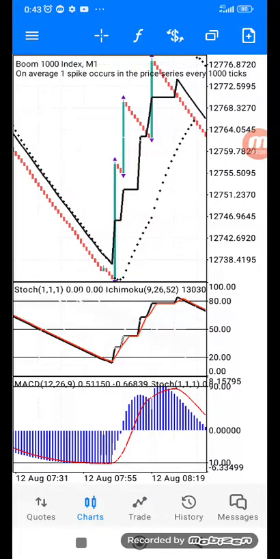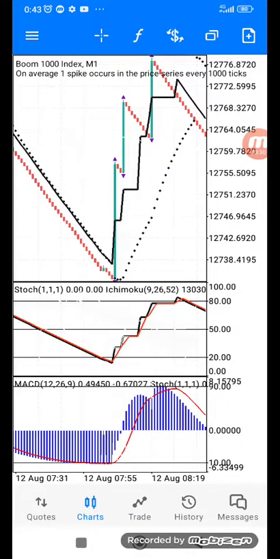After 10 candles, if the candle does not spike, wait for another signal. One thing you are sure of is this: if you are able to get like 10 signals daily, the probability of winning at least 7 out of those 10 signals is very, very high.